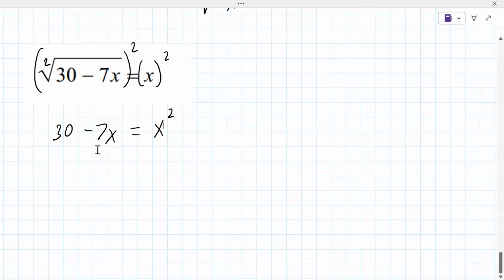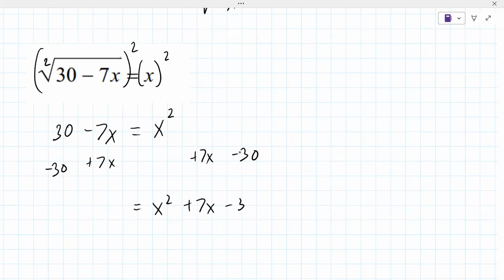So you're going to move the 7x over, and you're going to move the 30 over: subtract 30, add 7x, x squared plus 7x minus 30. So now it's transformed into a new type of problem.